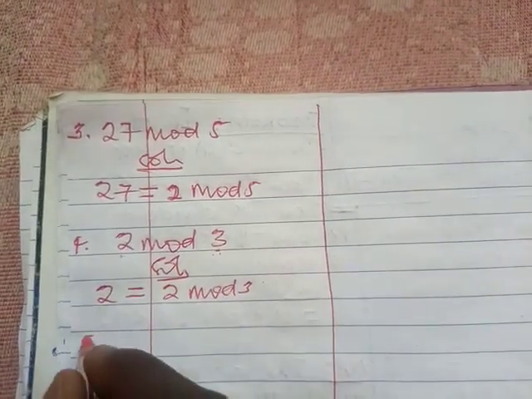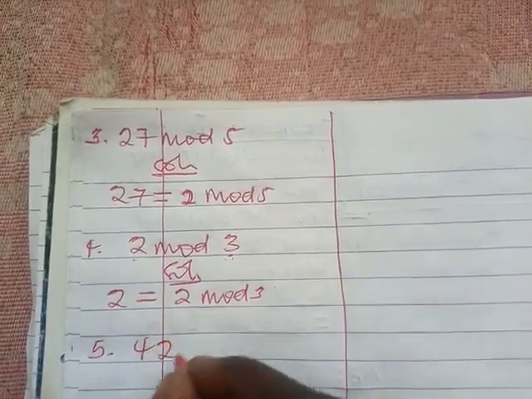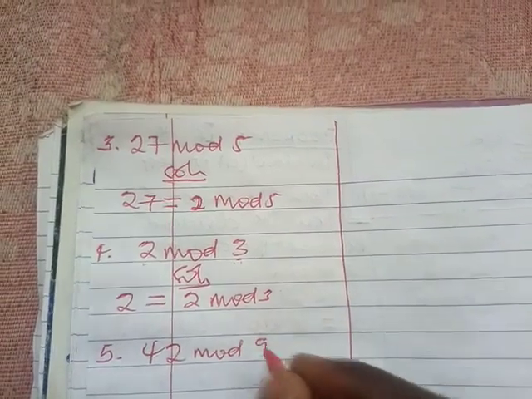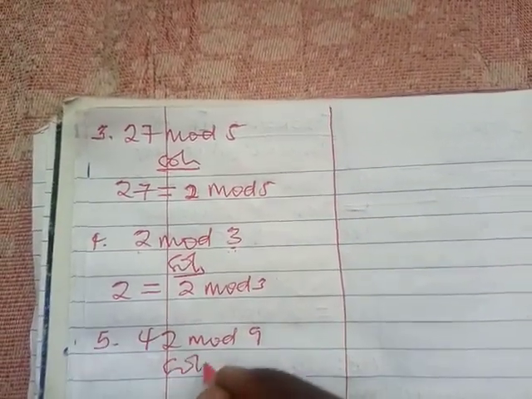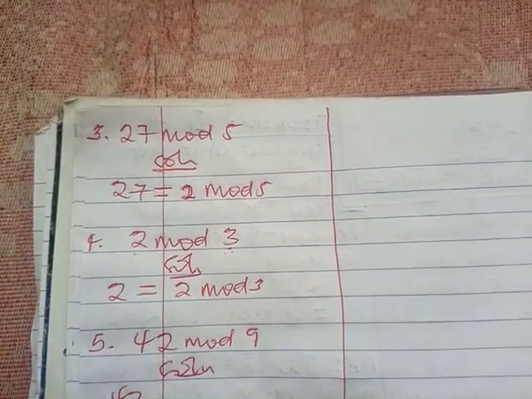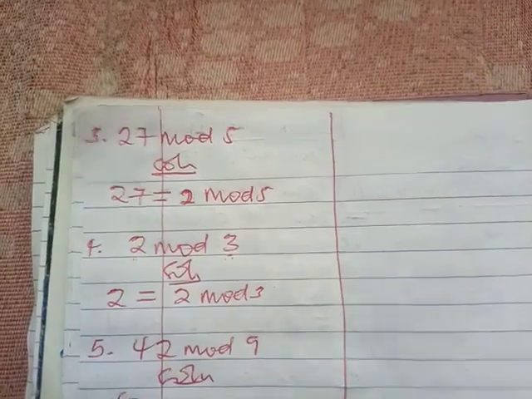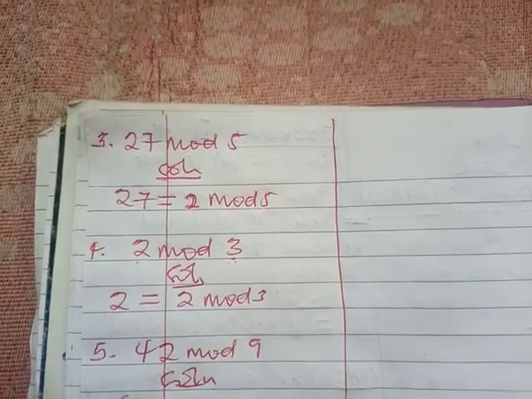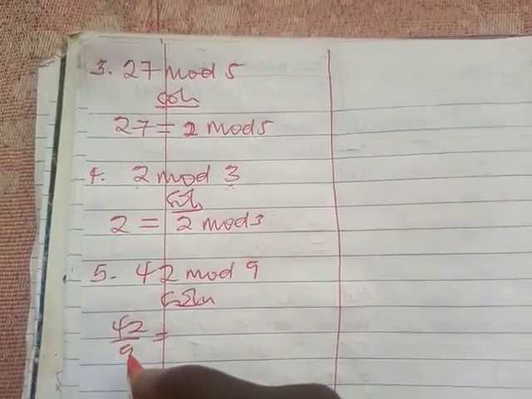Now let's move on. Let's look at 42 mod 9. 42 divided by 9. 4 times 9 is 36 and 5 times 9 is 45.